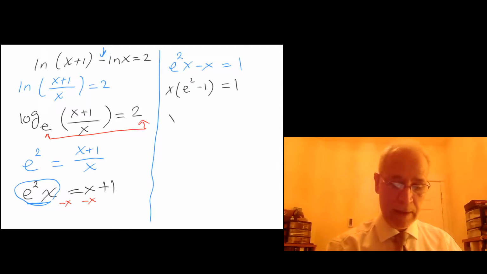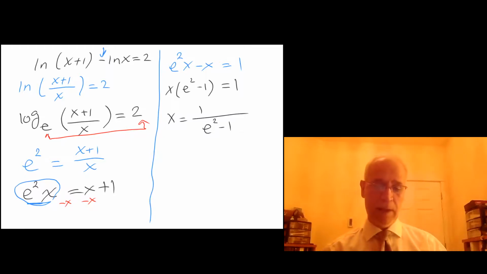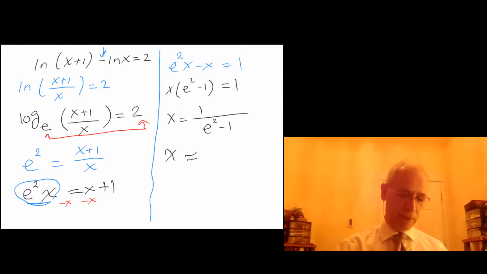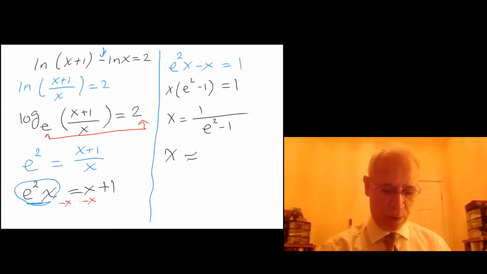And finally, x equals 1 over e to the second minus 1. Approximately, 1 divided by e squared minus 1 is 0.157. That's good enough.